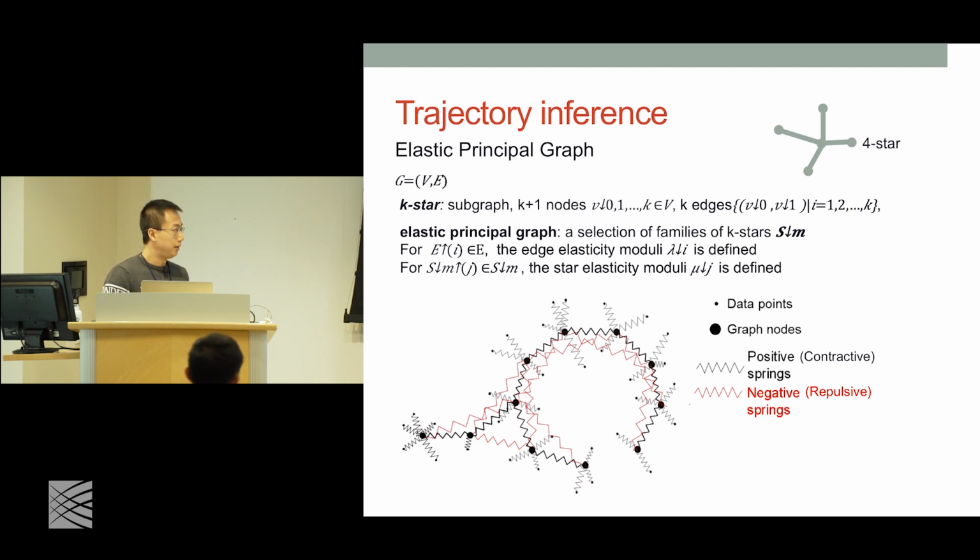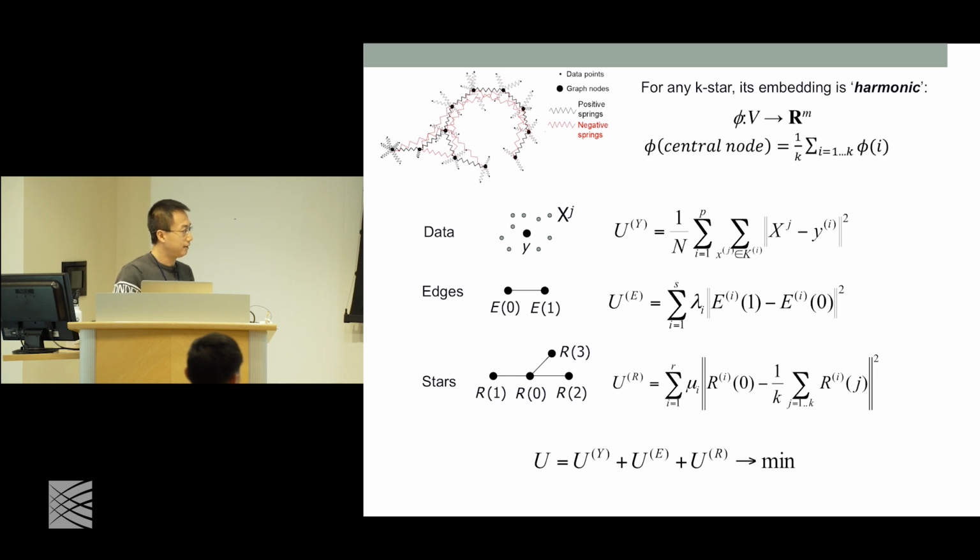Meanwhile, we need to penalize the elastic energy, which consists of the contractive springs, and also the negative springs, which are the repulsive springs. This is actually the final objective function we are going to minimize.